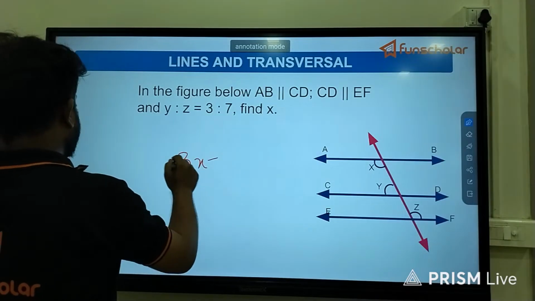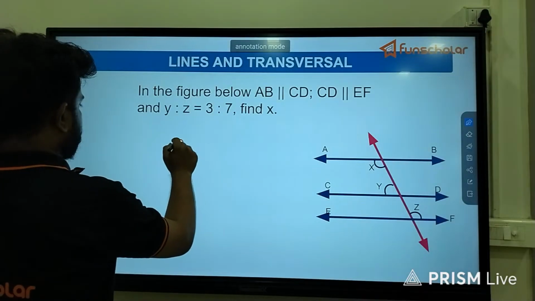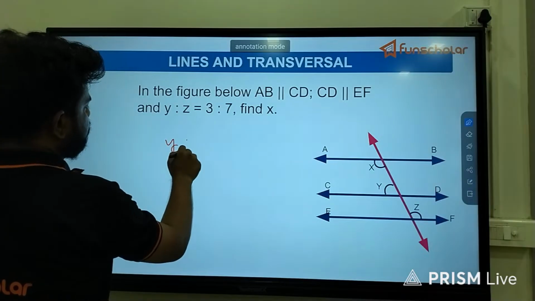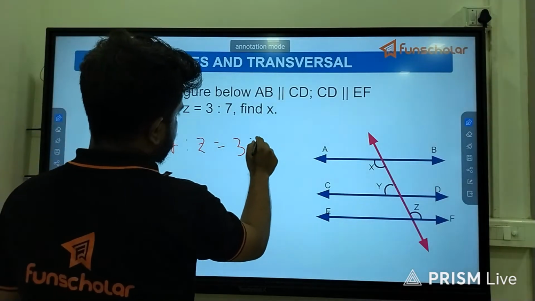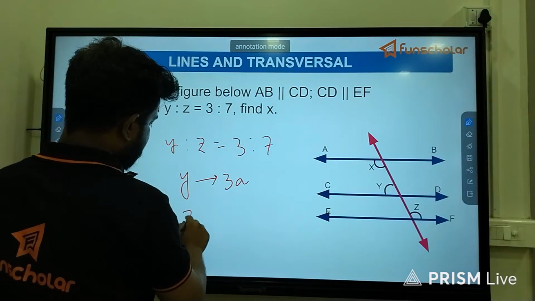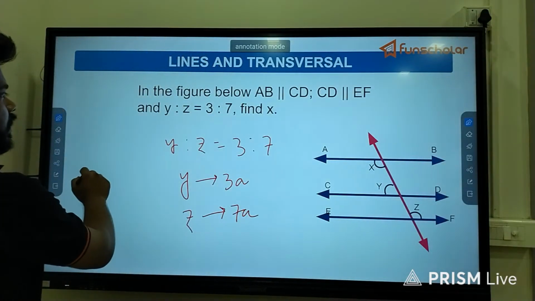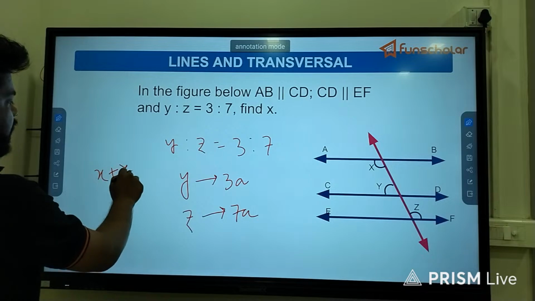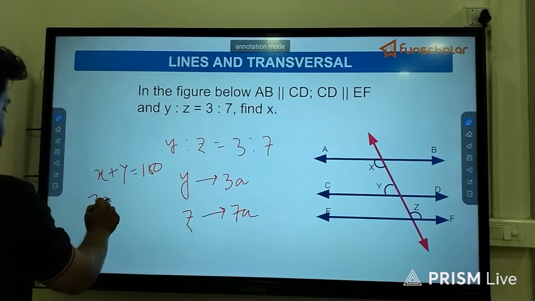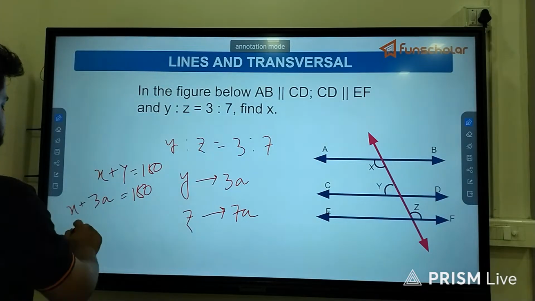Take y as 3a and z as 7a, since y:z equals 3:7. Now x plus y equals 180. So y means 3a, so x plus 3a equals 180 degrees.